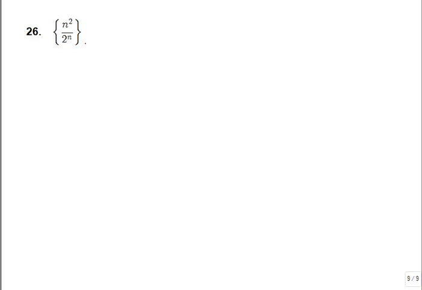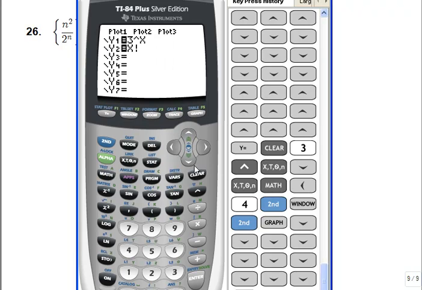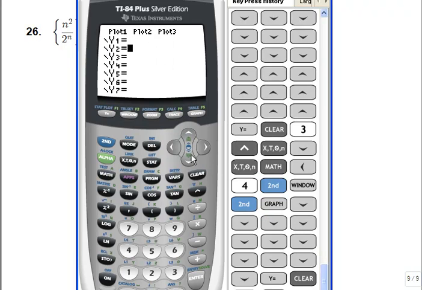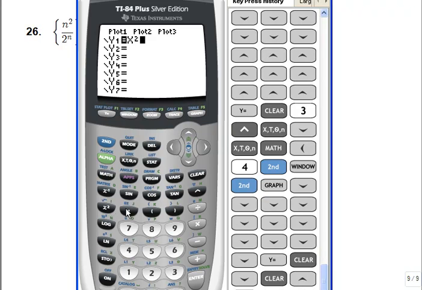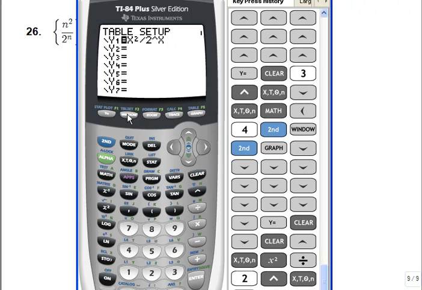So if we pull up our calculator again, I'm going to type this in and look at a few of our terms. I'm just going to go to y equals, clear these out, and type in x squared divided by 2 to the n. I just want to see whether this sequence converges, increases or decreases.